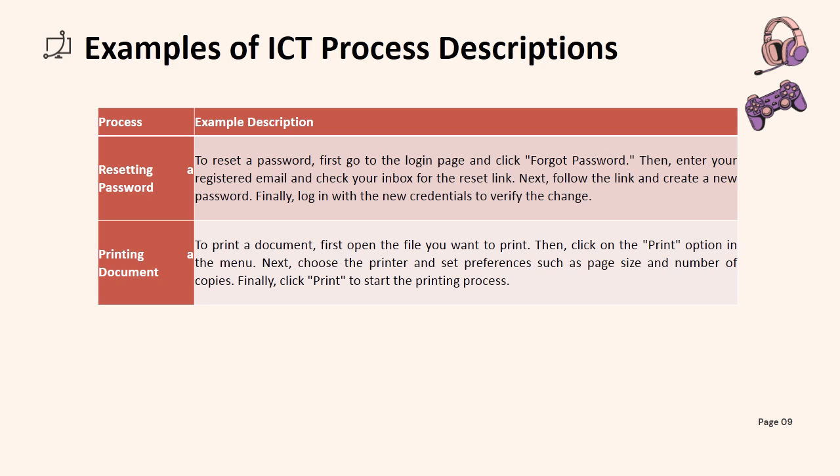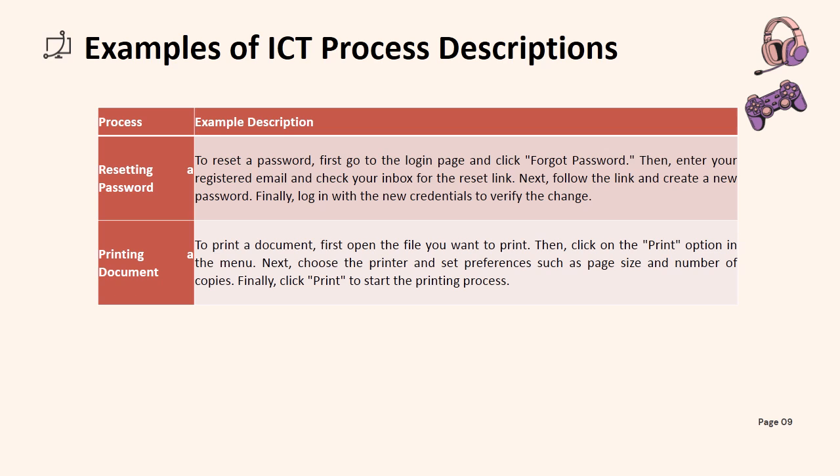For the second process, which is printing a document, let's see together, try as well to identify the verb form and the sequential markers, which are also called transition words. Why do we call them transition words?